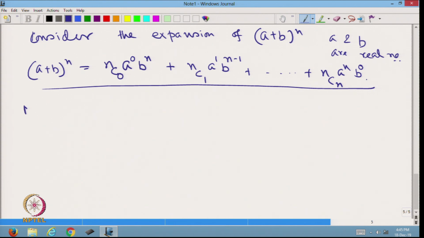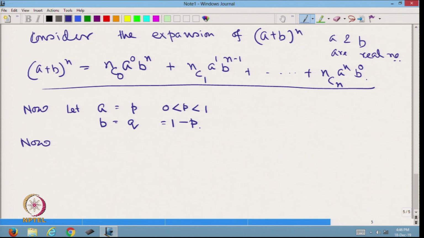Now, let a equal to p, 0 less than p less than 1, and b equal to q equal to 1 minus p.